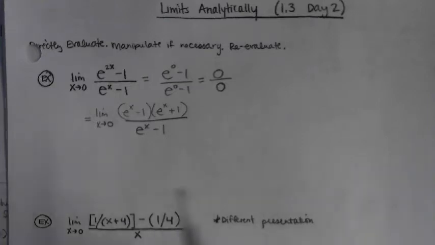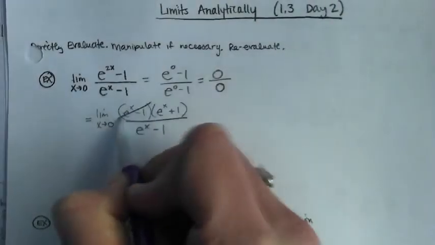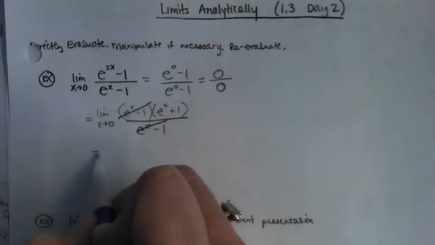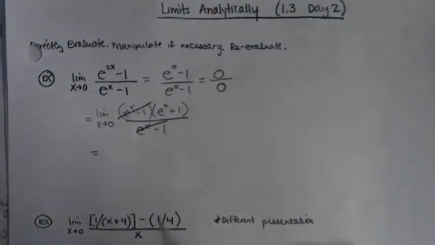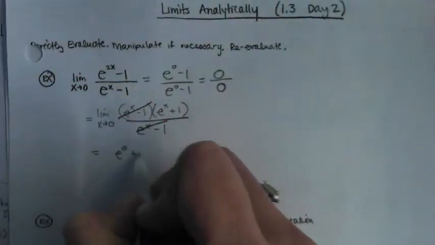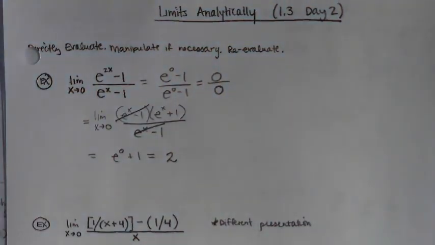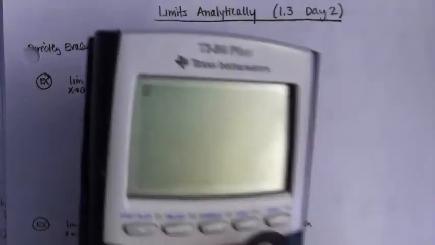So it's two perfect squares and the difference between them. And when you factor into those conjugates, now we have this beautiful thing happening. And now we can re-plug in the 0. E to the 0 plus 1. 1 plus 1 is 2. So the limit as x approaches 0 of this function is 2.